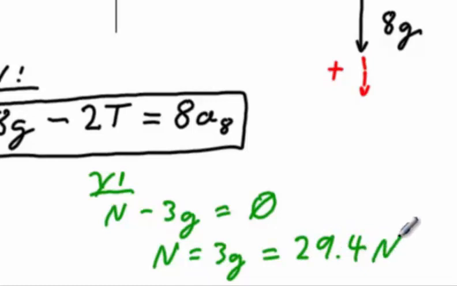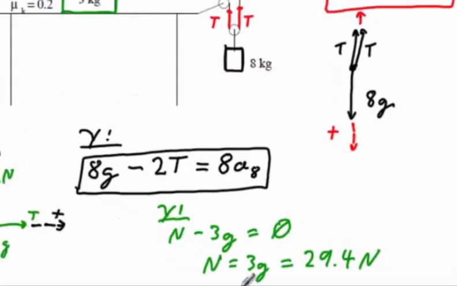Although we weren't asked for that originally, since this problem yields one two-dimensional free body diagram and one one-dimensional free body diagram, clearly there are three unknowns, and this is one of the three unknowns.